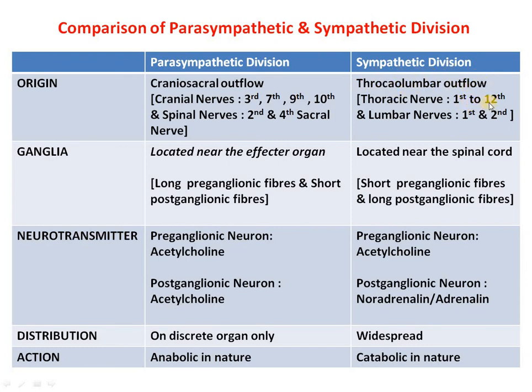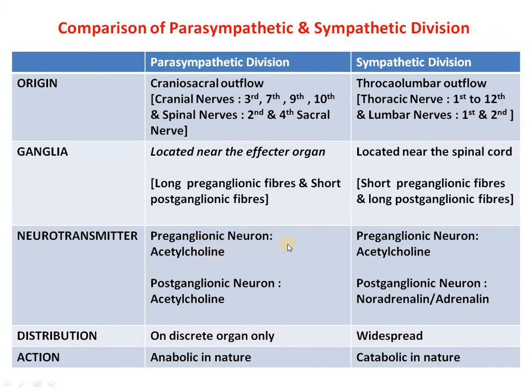It consists of thoracic nerves 1 to 12 and lumbar nerves first and second. And as I told earlier, the ganglia in the parasympathetic nervous system are located nearer to the effector organ, whereas in the sympathetic nervous system they are located nearer to the spinal cord, and that's why the preganglionic fibers are of different lengths in these two systems.